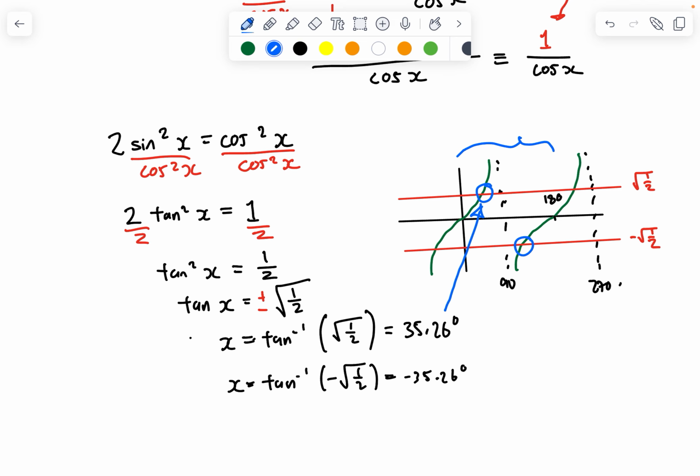That is this solution, because your calculator always gives you the closest one to 0. So what I've got to do is add 180 degrees, and then I get 144.73 degrees, and that is now this solution. Okay, because it's a periodic function, so it repeats every 180 degrees.